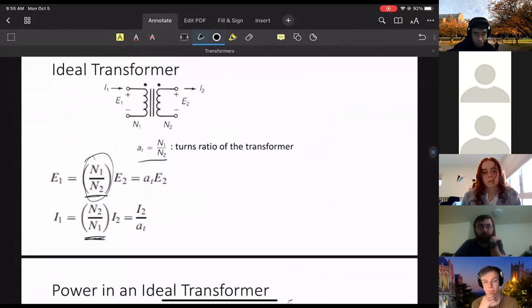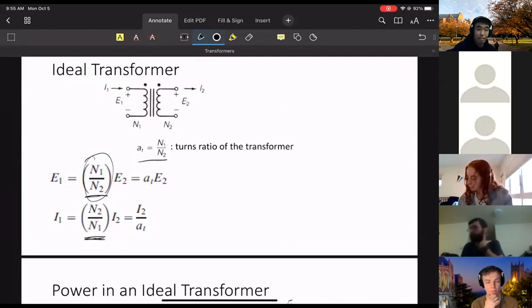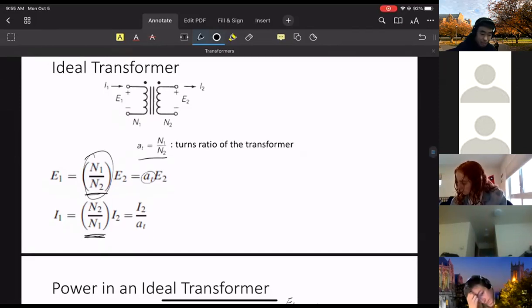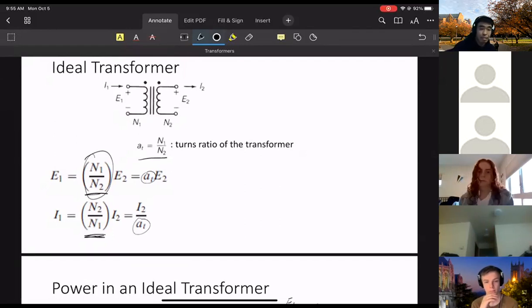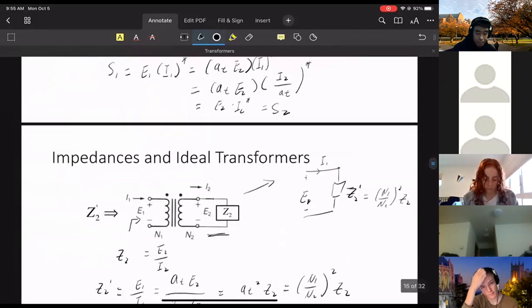That's the turns ratio. Thank you. So remember, the multiplication and division by a_t is not the same. One is multiplying, one is dividing. That's why things work out the same, and why we have a_t squared when we talk about impedance. That's the way it works out.